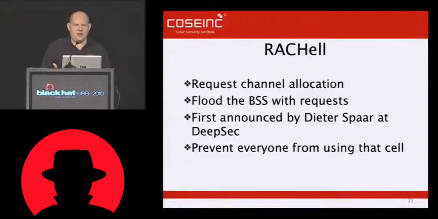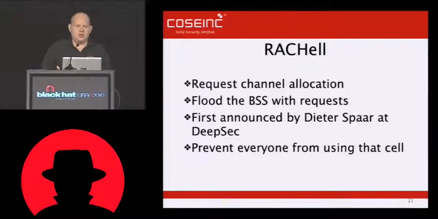You can basically get about 1,000 users on a cell, right? So if you can send more than 1,000 requests, you can take down that particular cell. So we just flood requests, right? Very simple stuff. And what happens is no one else is able to use that particular cell to allocate a channel and make a phone call, right? So it takes down even emergency services, right? It's fairly cool.